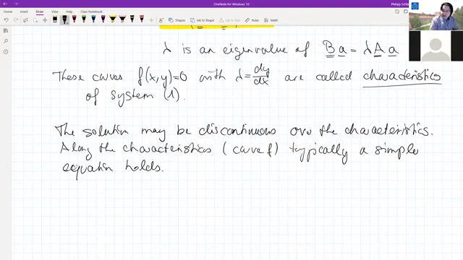That's exactly the direction in which the information flows, and because these curves are very specific to a particular problem, typically one can reduce the order of the system, going from a partial to an ordinary differential equation along the characteristics once you know what they look like.